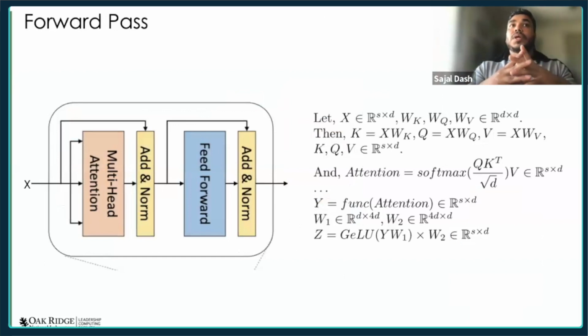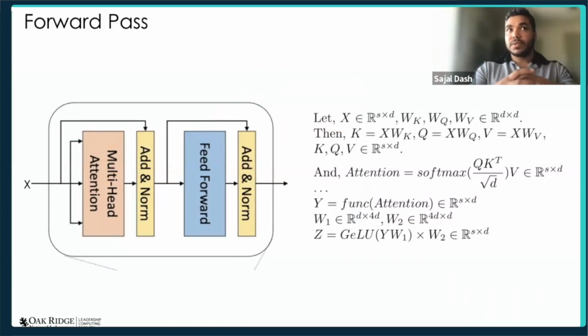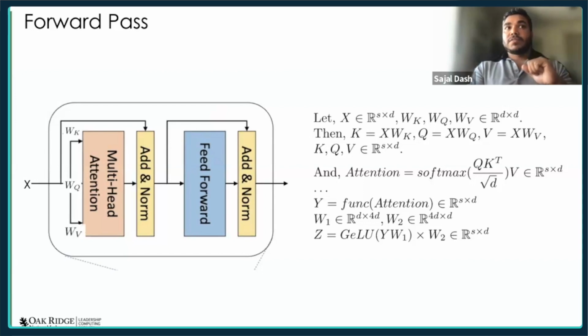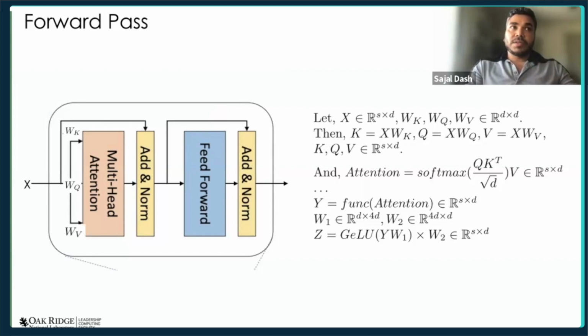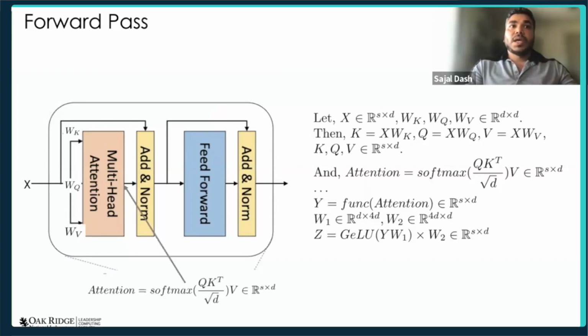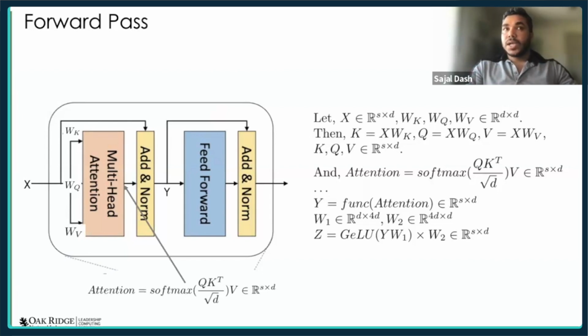To know how much challenge you have to face in terms of how much memory and compute you need, let's focus on the parameters that this transformer block introduces. For the attention part, you need three weight matrices, W_K, W_Q, and W_V. Then you compute the attention that goes forward through add and norm.